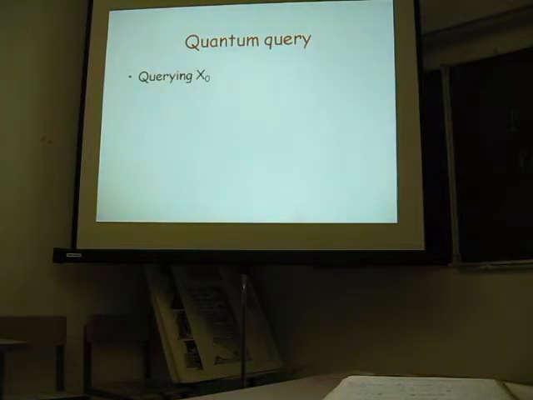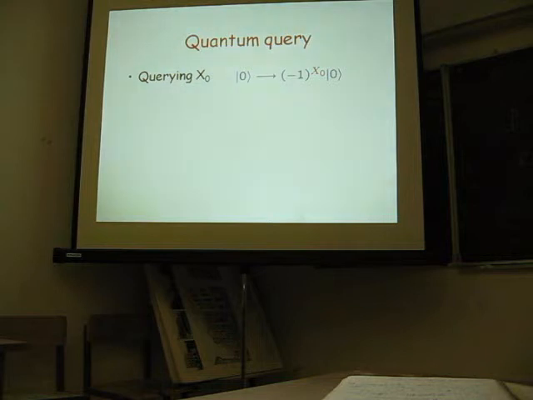So in particular, querying x0, I model in the following way. You enter the state 0, indicating that you want to query variable 0, and you get back (-1)^x0. So if x0 is 0, then nothing changes, but if x0 is 1, then you get a -1 in front of your state.